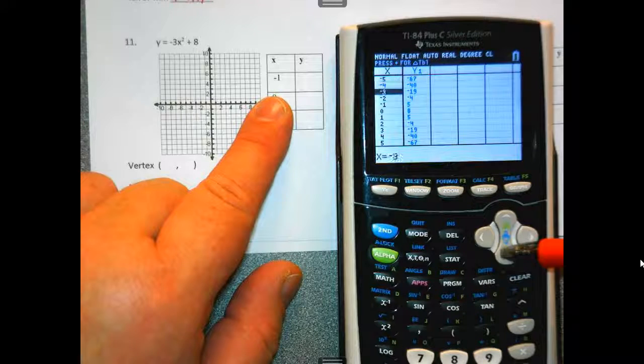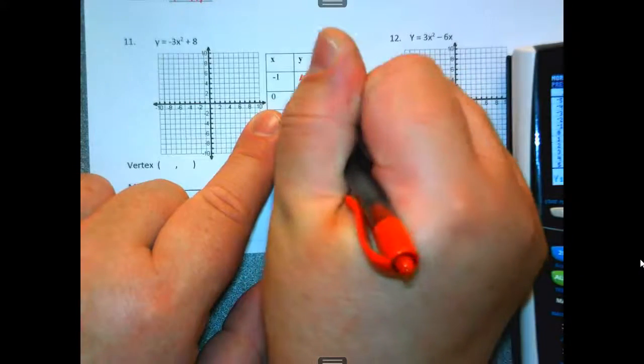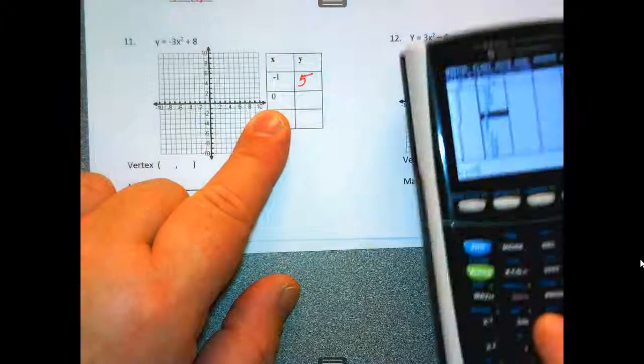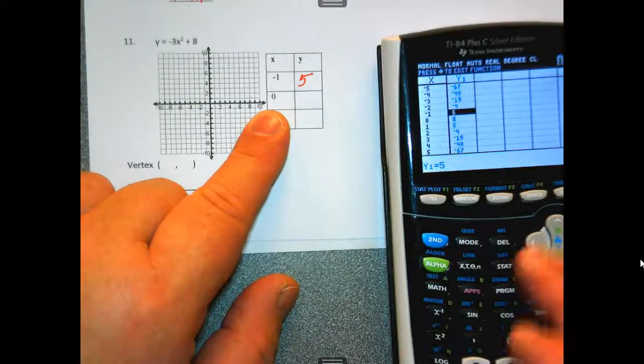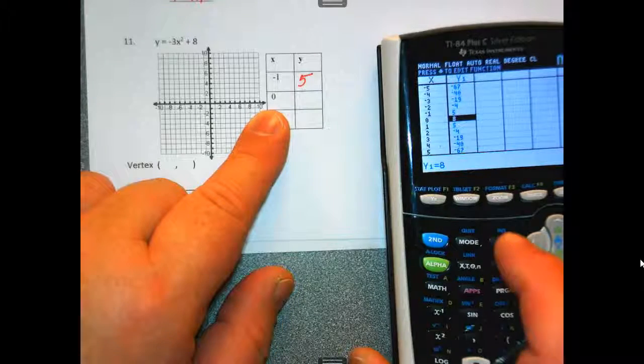When my x is -1, my y is 5. When my x is 0, my y is 8.